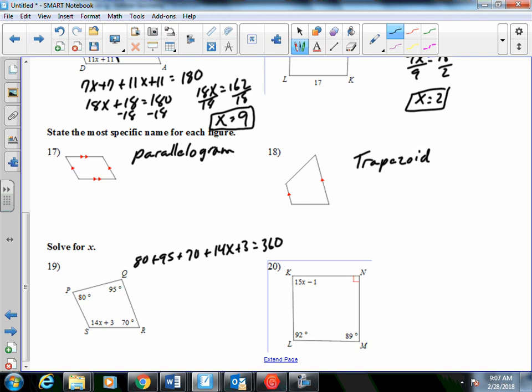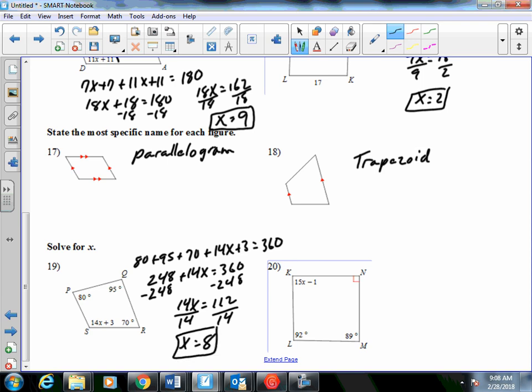Then add those together: 80 plus 95 is 175, plus 70 is 245, plus 3 is 248, plus 14x equals 360. Subtract 248. 14x equals 112. Divide by 14. So x is going to equal 8.